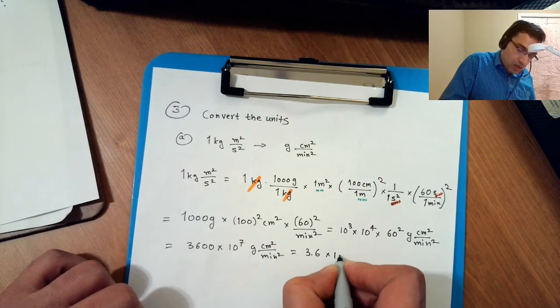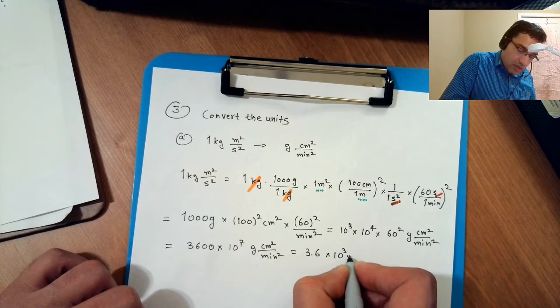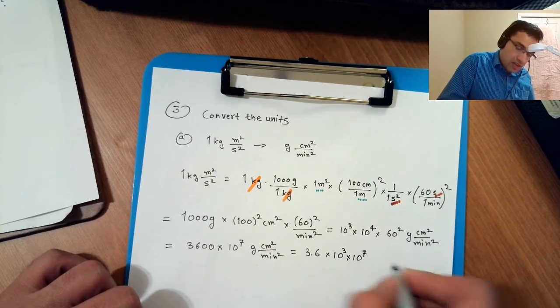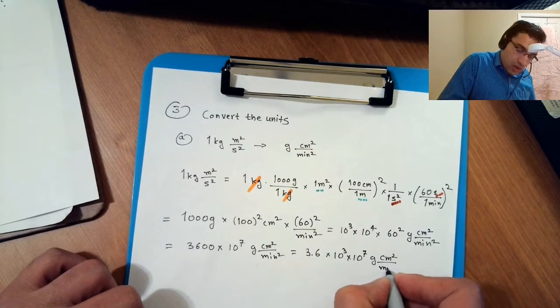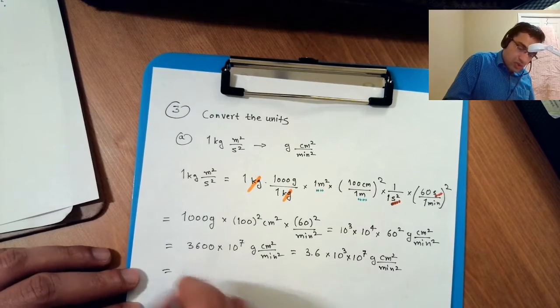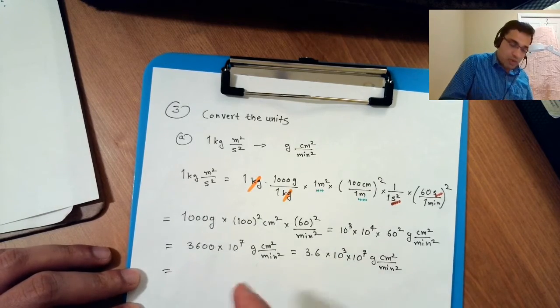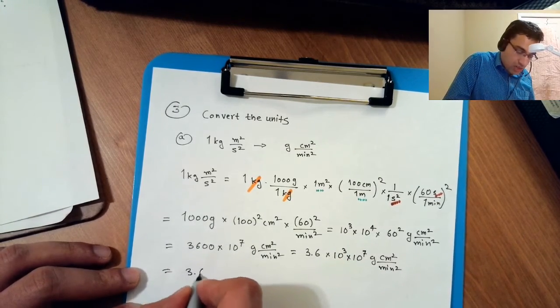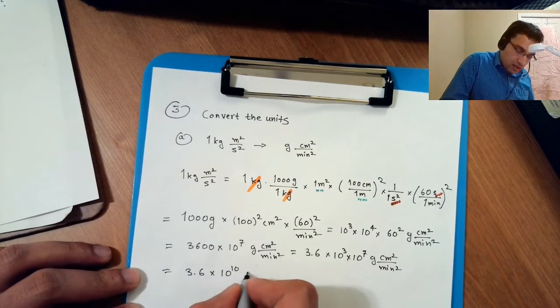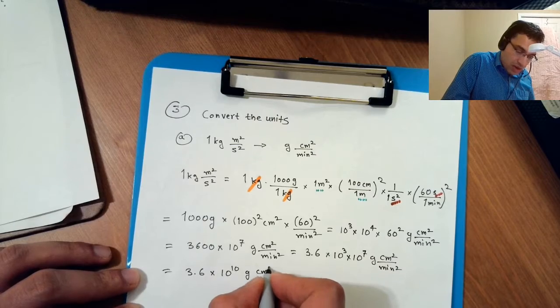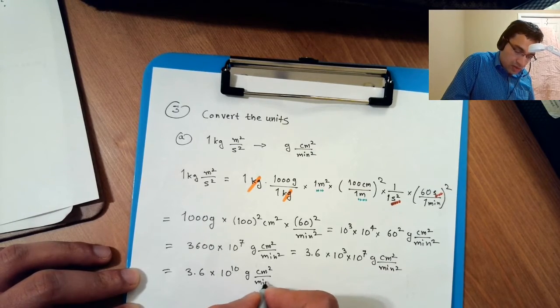So 10 to the power 3 times 10 to the power 7 gram centimeter square minute square, which is equal to, 3 and 7 is 10 to the power 10. So this is 3.6 times 10 to the power 10 gram centimeter square minute square.